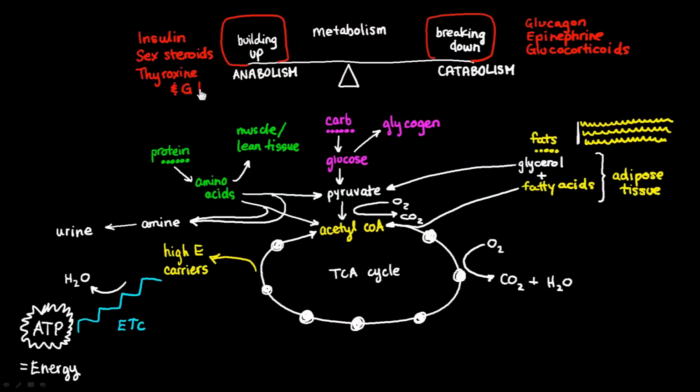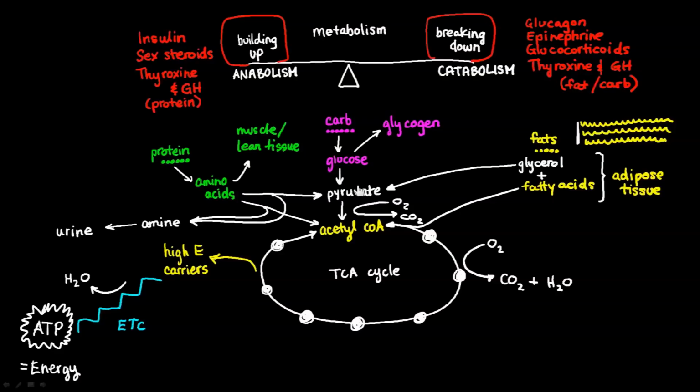I'll just write GH. Those guys favor the anabolism or the building up of protein stores. So protein synthesis is favored by these guys, but they also work on this side. They favor the breakdown of fats and carbohydrate stores. Thyroxine and GH, growth hormone. Those guys favor the breaking down of our fat and carbohydrate stores.